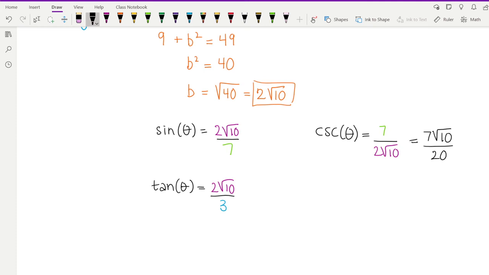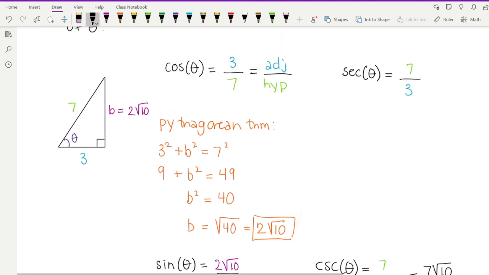And then for cotangent, that's the reciprocal of tangent, and so that's going to be 3 over 2 root 10. And so similarly, if we rationalize the denominator, if we multiply by root 10 over root 10, we're going to get 3 root 10 over 20.